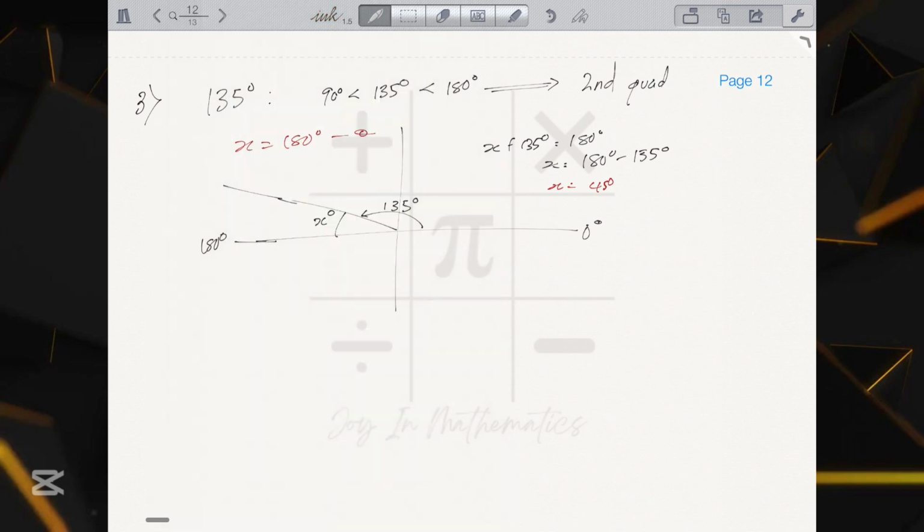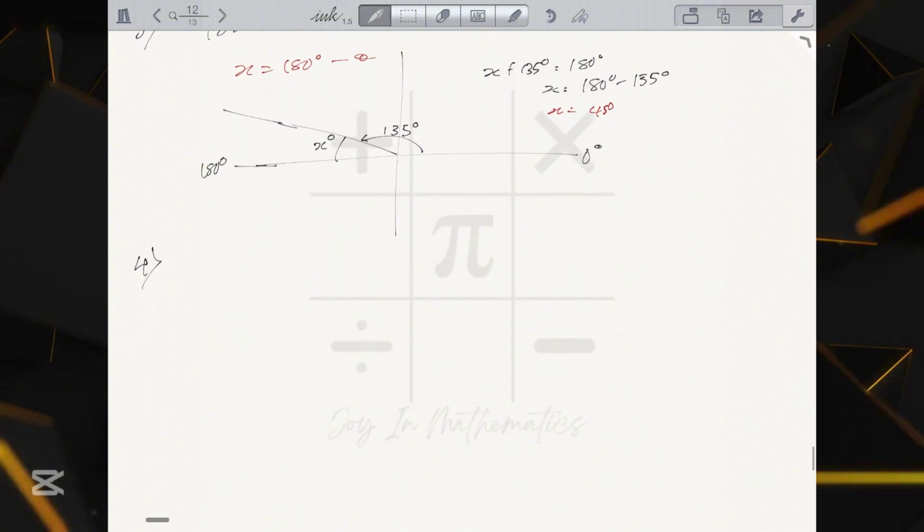Let's proceed and take one last example, but now we'll look at how to implement a negative angle. Let's say we have minus 45 degrees. Now we have to draw a diagram.